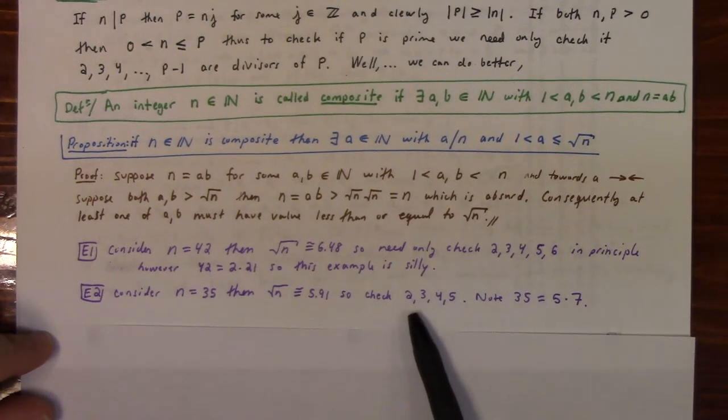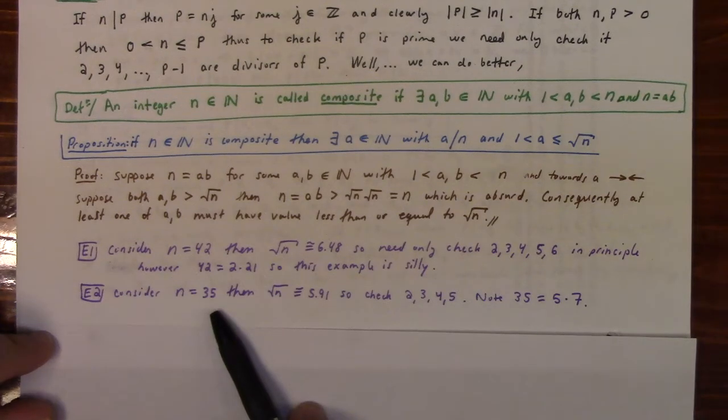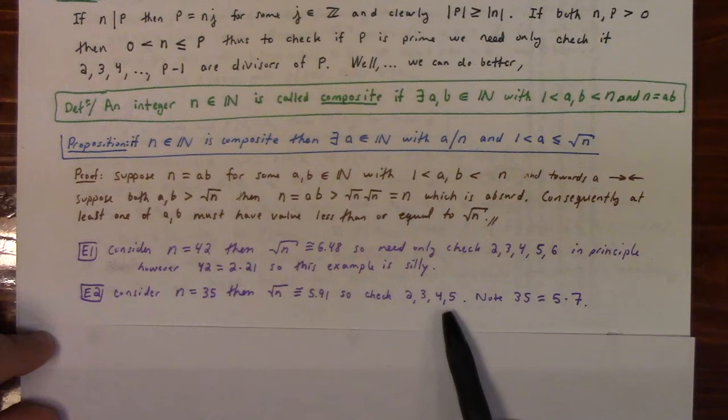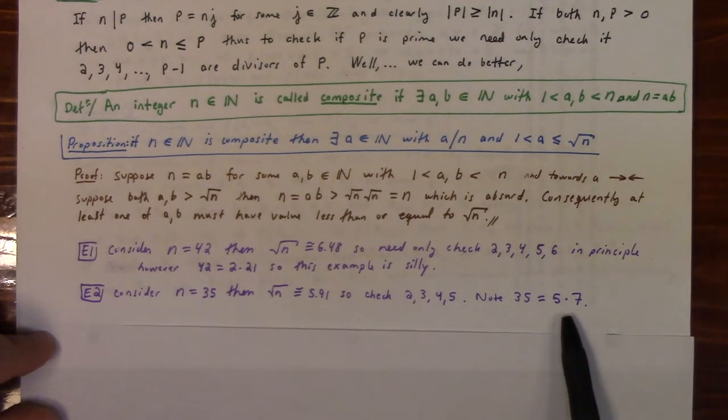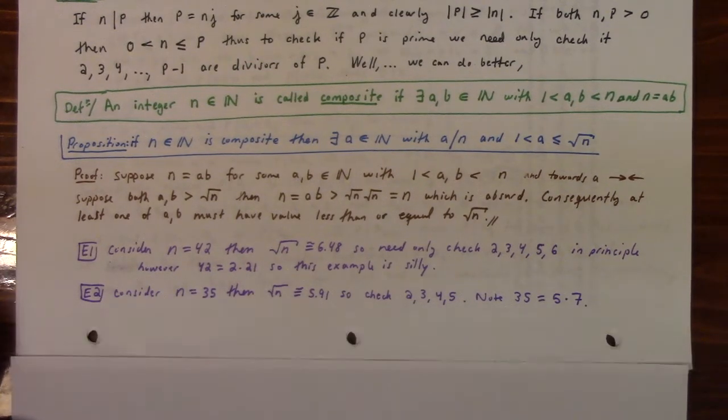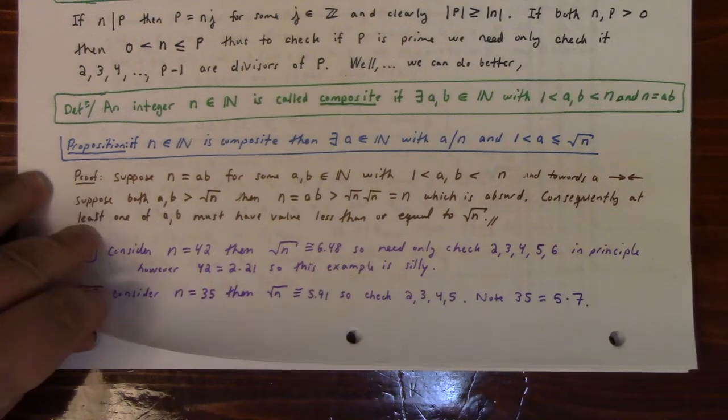So if we check 2, 3, 4, and 5, if none of those divided 35, we would know 35 was prime. And 2 doesn't, 3 doesn't, 4 doesn't, but 5, well, 35 is 5 times 7, so, oh, there you go. It's composite. Okay, so we'll come back to the problem of testing the primality of integers later in lecture 7. But for now, I'm going to go on.